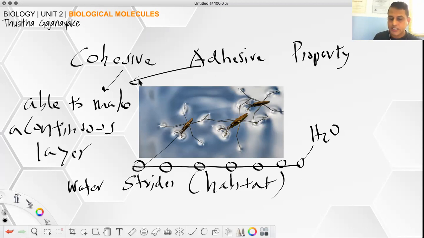Right. Next, the second property is the ability to moderate temperature. Ability to moderate the temperature.